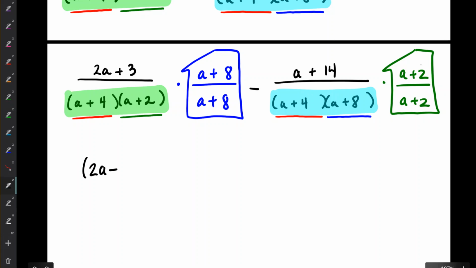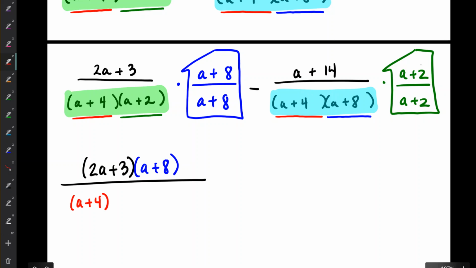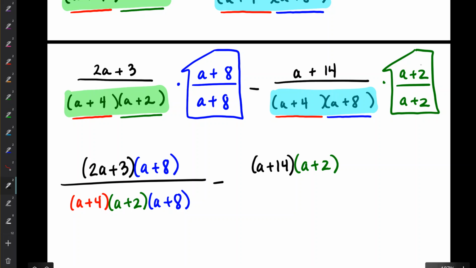So we have 2a plus 3 times a plus 8 all over that common denominator, a plus 4 times a plus 2 times a plus 8, minus, multiplying numerators, a plus 14 times a plus 2 all over that common denominator.